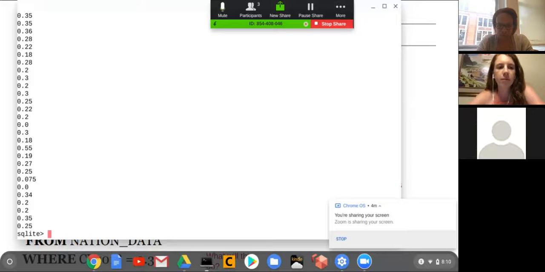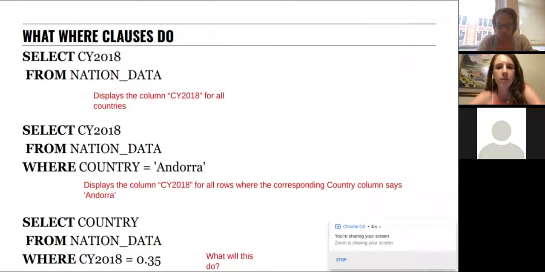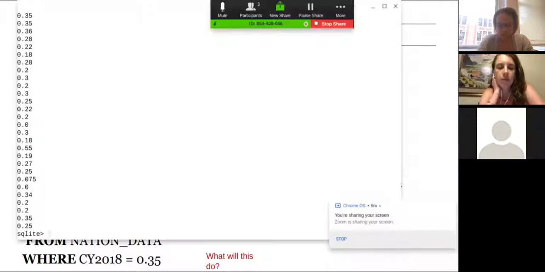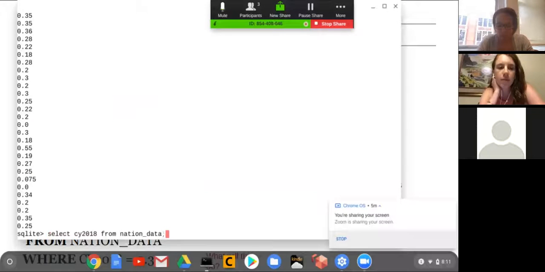So let's flip back to this screen here and say, here's where we're going to add a where clause to a select statement. And if you can see my mouse here on the second clause saying where country equals Andorra, that means instead of showing everything, just show me the rows where the country column happens to be Andorra. So should we do that example, only let's change it.